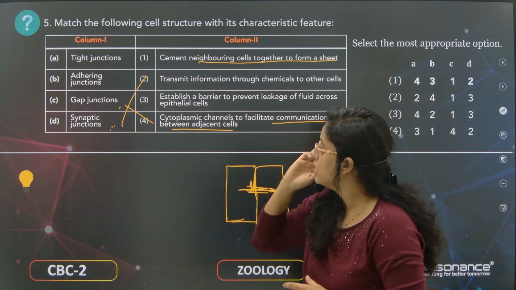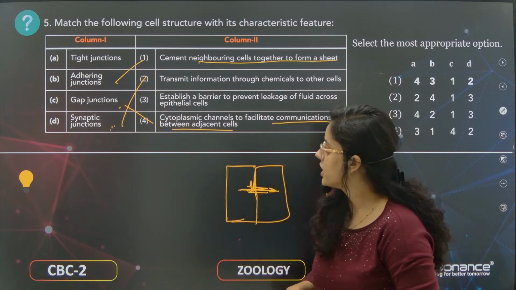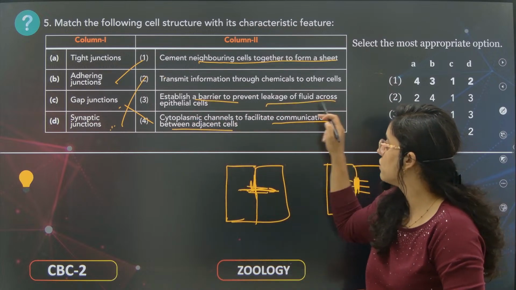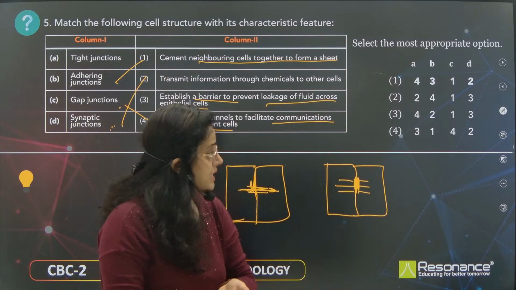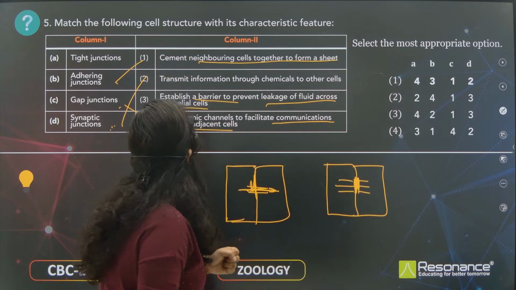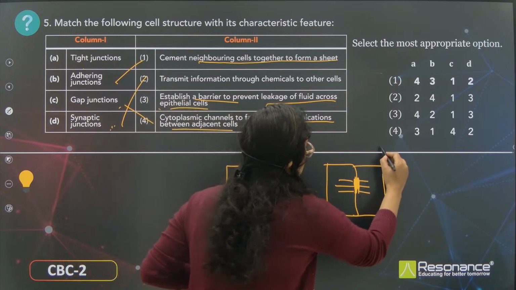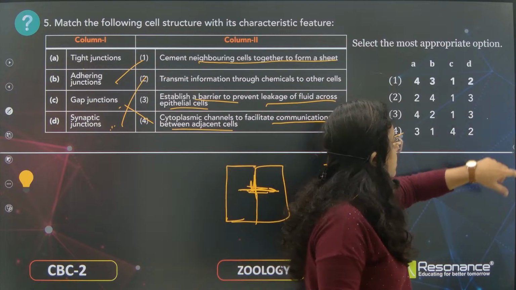And now tight junctions, we are left with the third option, establish a barrier to prevent leakage of fluid. They are very close to each other and they prevent the leakage. So the option is going to be 1, 4, 2, the correct answer over here.